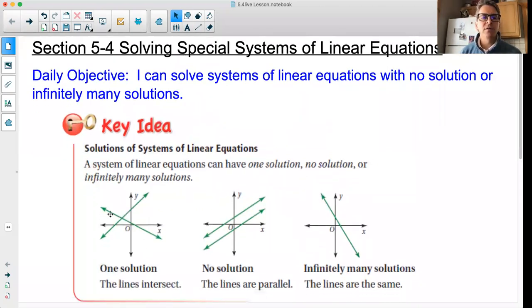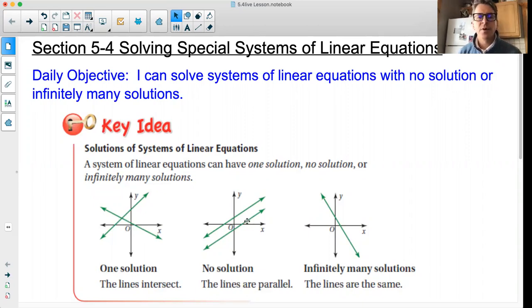If you have two equations that intersect, that are a system, by graphing you can see the intersection point is the one solution. So we're focusing on these other two. You might have a system of two equations that have parallel lines.